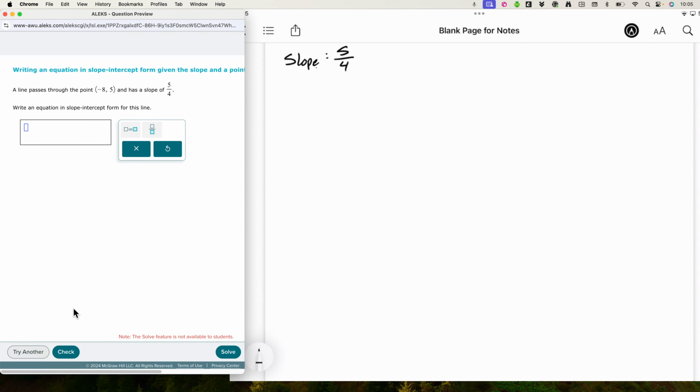Slope of 5/4, and we have the point -8, 5. Y minus y1 equals m times x minus x1. Label x1, y1. Y minus 5 is equal to slope is 5/4 times x minus -8.